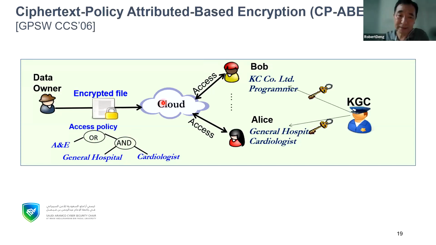Who can access the file? That means who can access means who can decrypt. Well, so if we look at Bob's attributes, KC Corp Limited, programmer. So his attributes do not satisfy the policy.